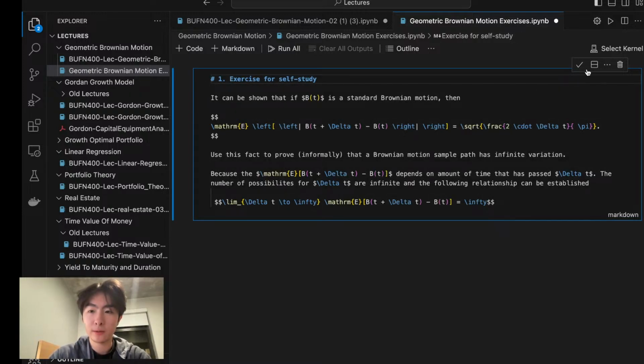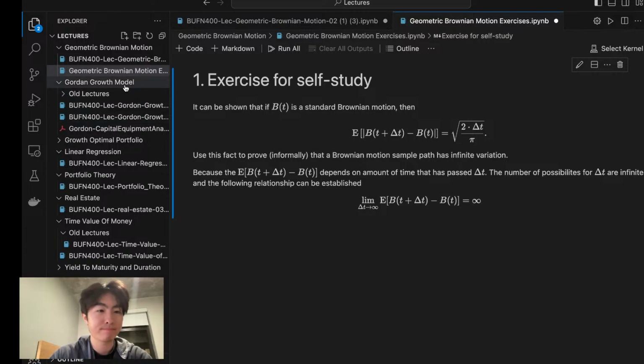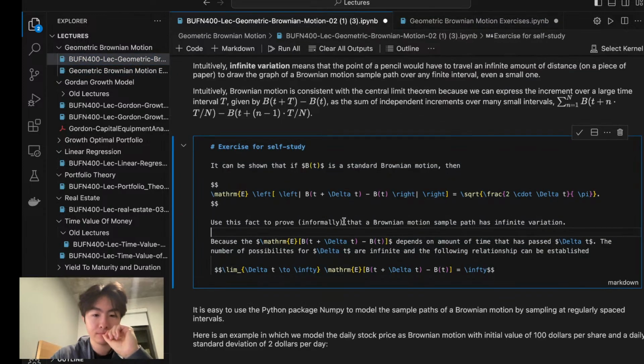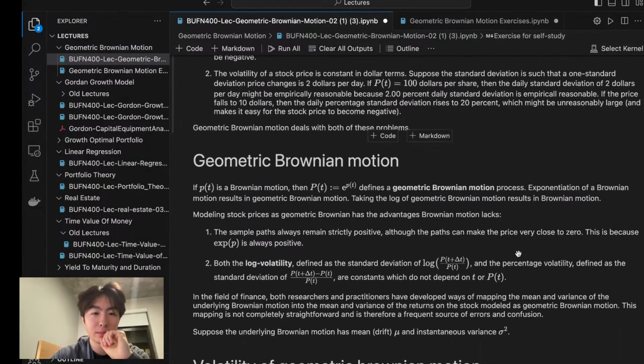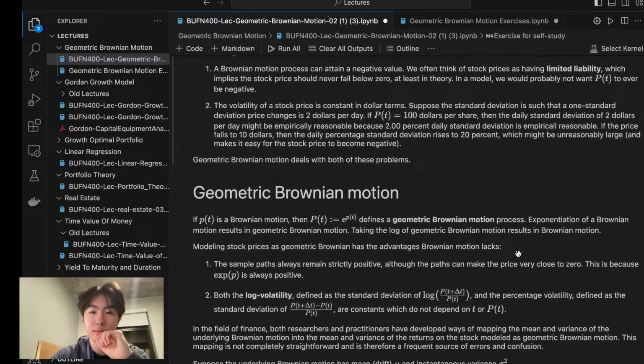Call it 1. Brownian motion, bad model for stock prices.